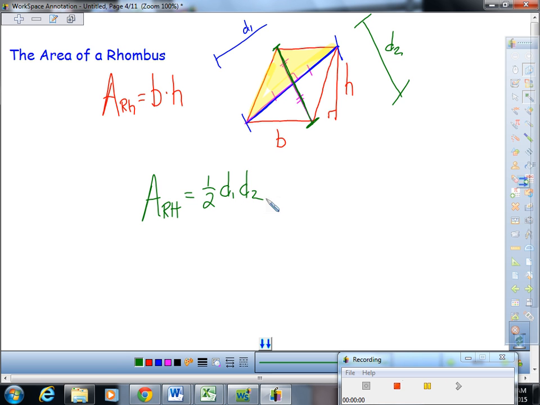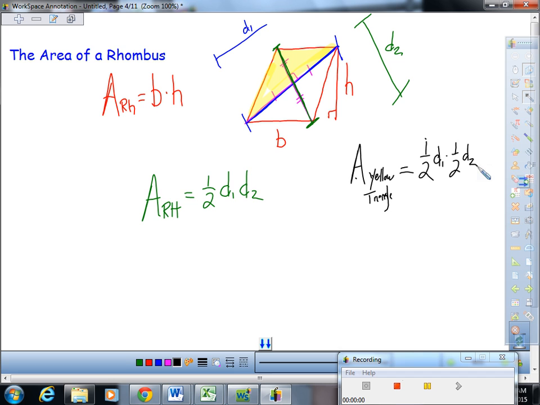Where did that come from, you may ask? Well, let's look at, in black here, the area of the yellow triangle. Well, that area would be 1/2. Look, the base of the triangle is D1, and the height of the triangle is 1/2 of D2.